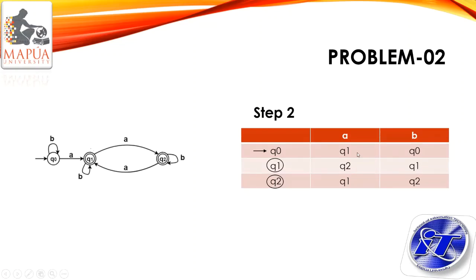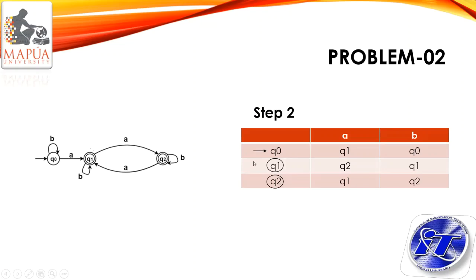If it's A, it will go to Q1. For Q1, if it's A, it will go to Q2. If it's B, it will just loop within itself. In Q2, if it's A, it will go to Q1, and if it's B, it will just loop within itself.